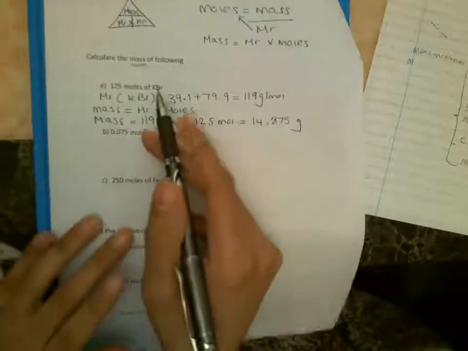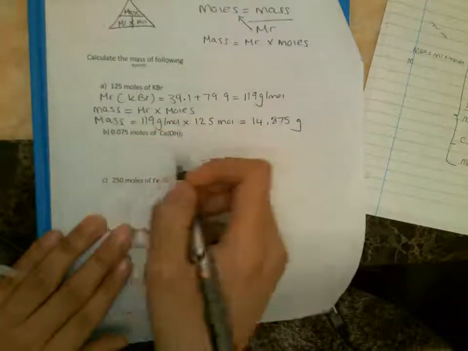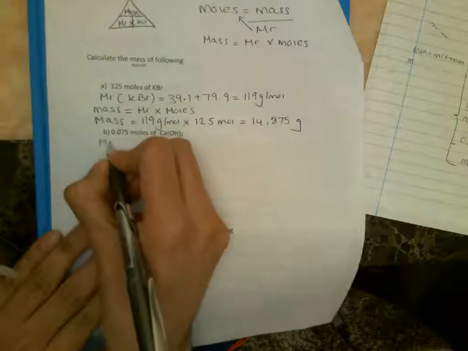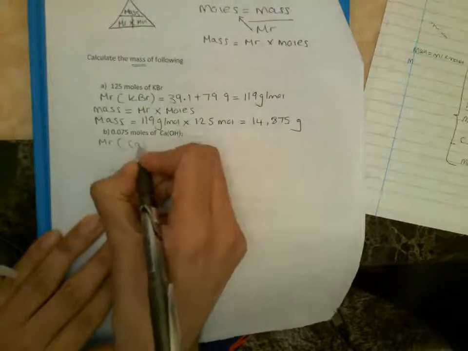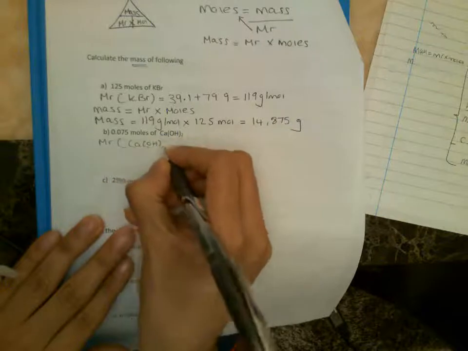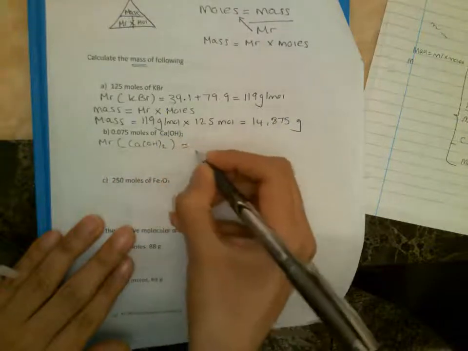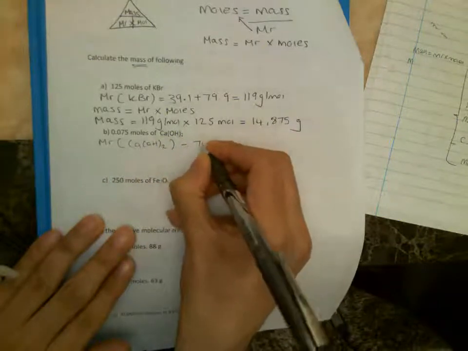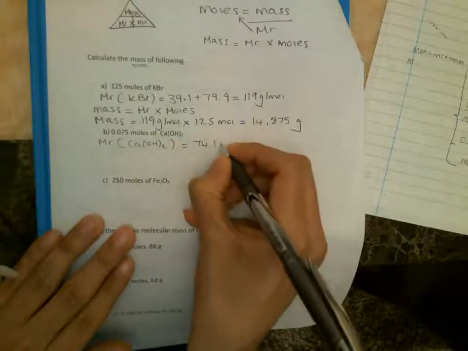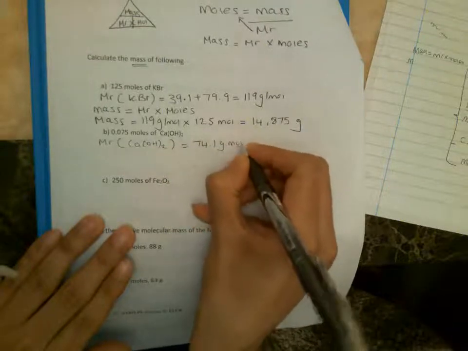Okay, so I'll walk through it now. Again, we find the MR first, so the MR of calcium hydroxide is 74.1 grams per mole.